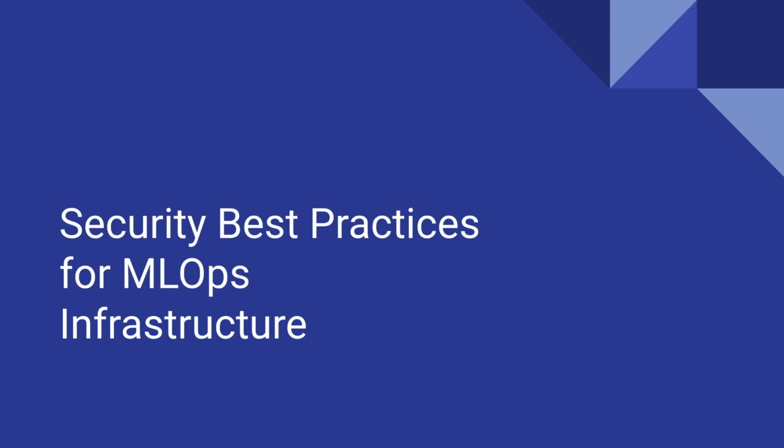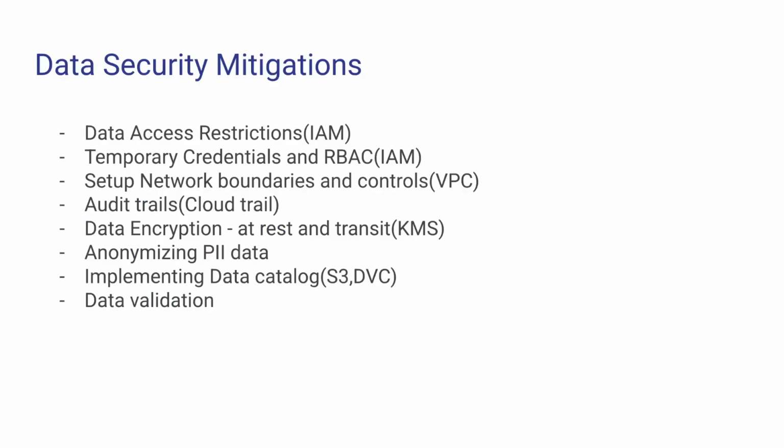Having looked at some of the security concerns for each of the components involved in building out the machine learning infrastructure, let's go ahead and look at some of the best practices that can be implemented to help us build out secure systems.